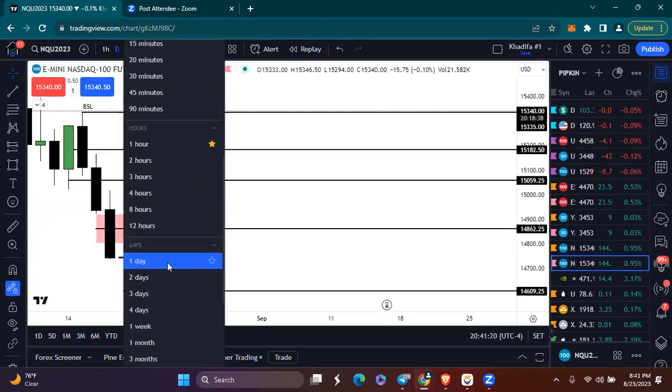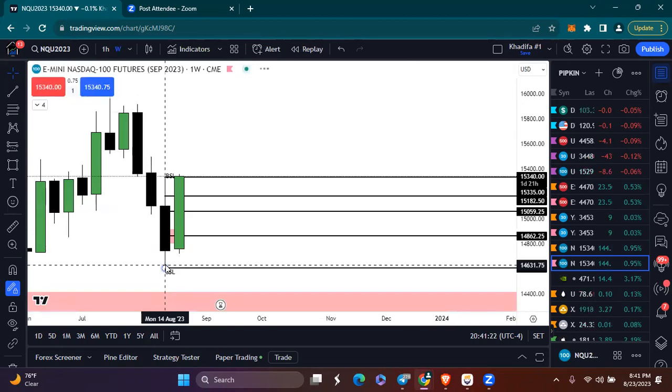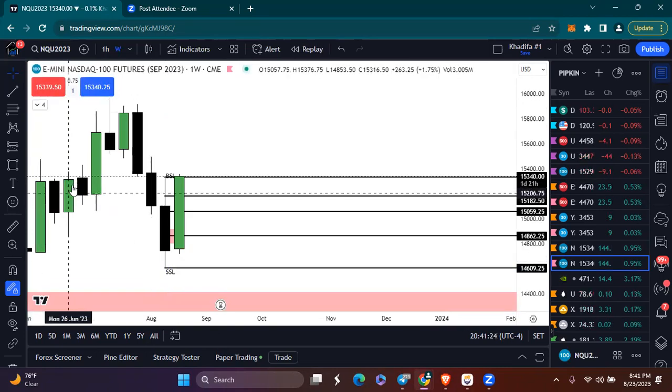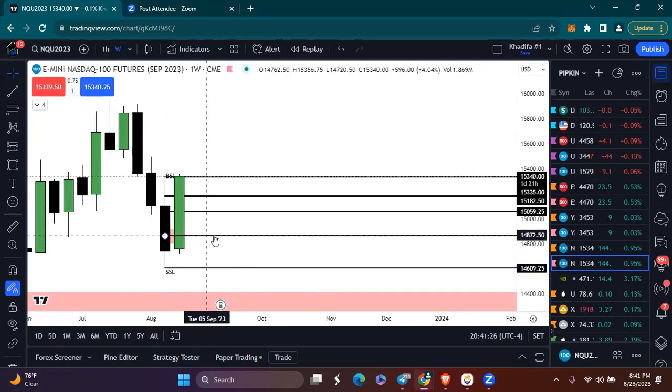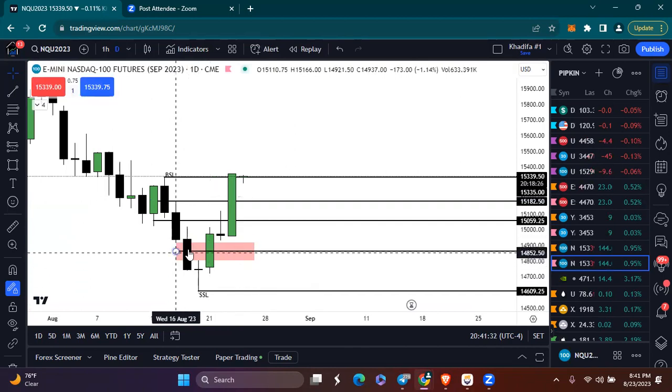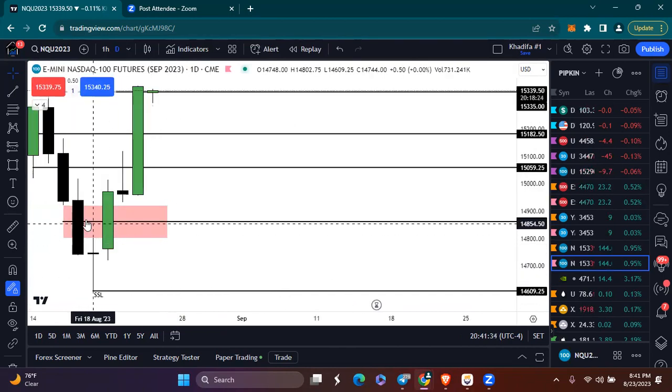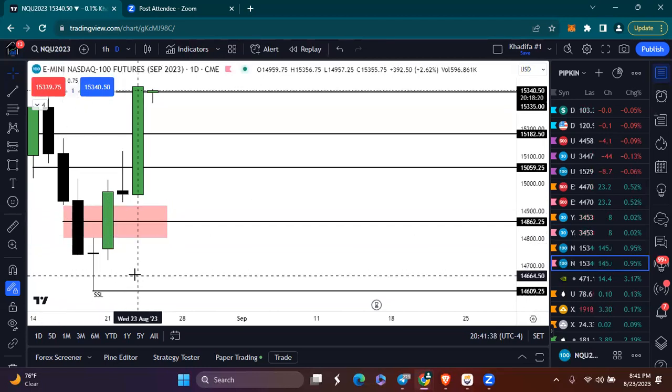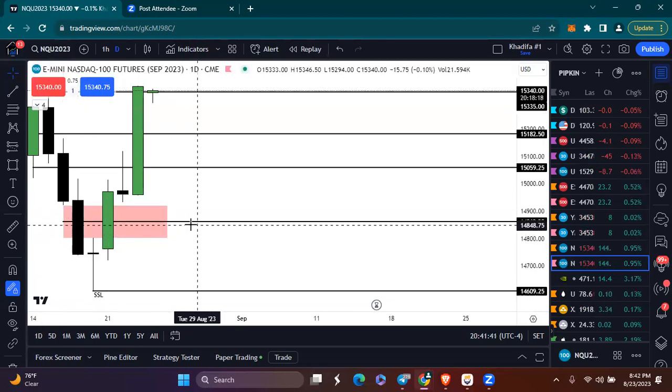Now, going back to NASDAQ, I told you guys that I expected us to run that consequent encroachment. Well, no, let's keep it on the daily. So this was that daily fair value gap for E-mini NASDAQ. I told you guys that I wanted to see price reach up and run that consequent encroachment, and then we would see how price reacted to that.